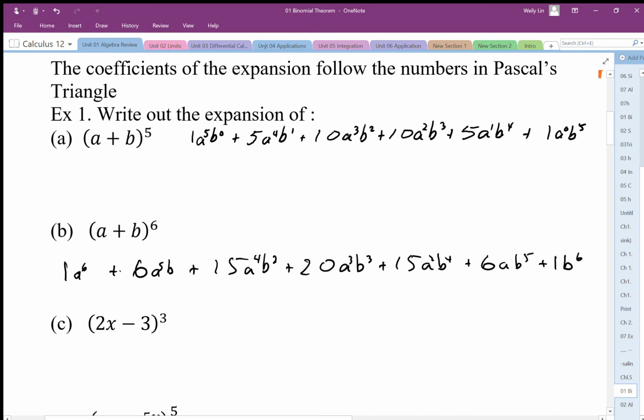So there it is. There's my expansion. I don't have to FOIL out and combine a whole bunch of like terms. The coefficients have the like terms all combined. This is a much more efficient way of doing this expansion now.